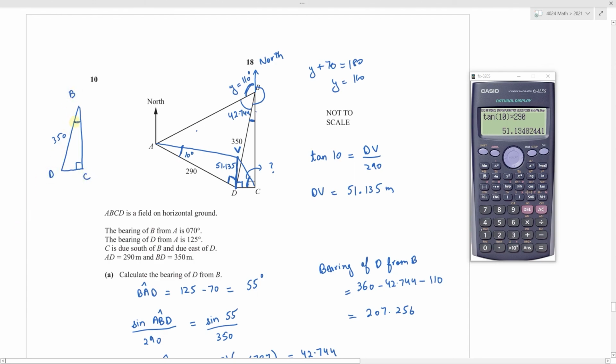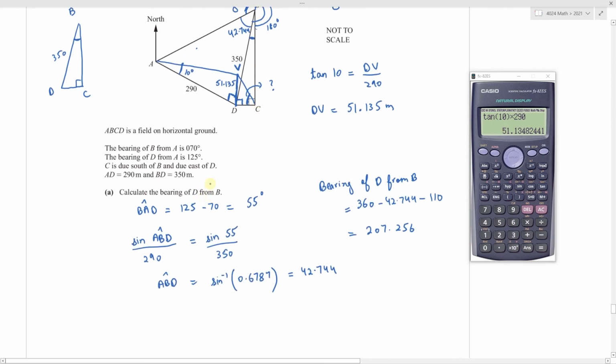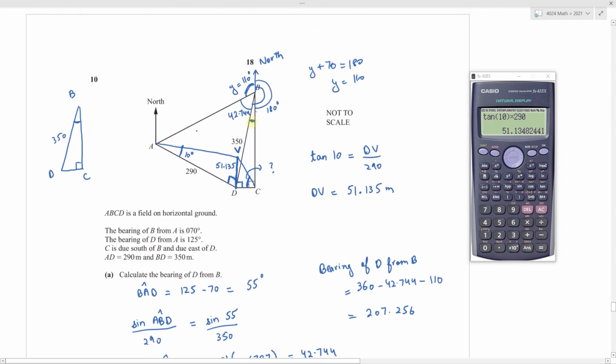This angle, what will be this angle? Since C is south of B, I know that this angle is 180 degrees. I know the bearing up till this point. So if I subtract 180 from the bearing of D from B that I calculated, I can get this angle.